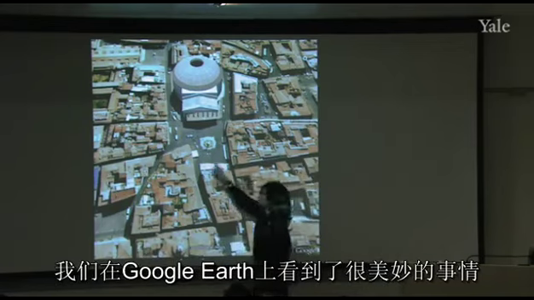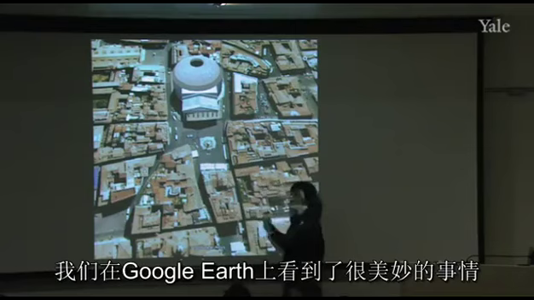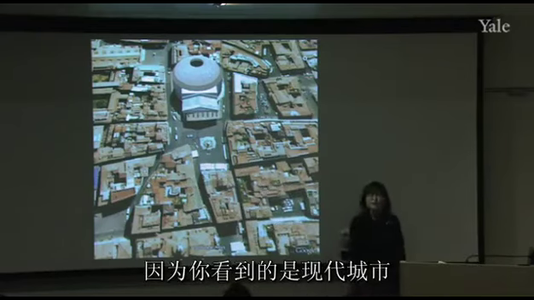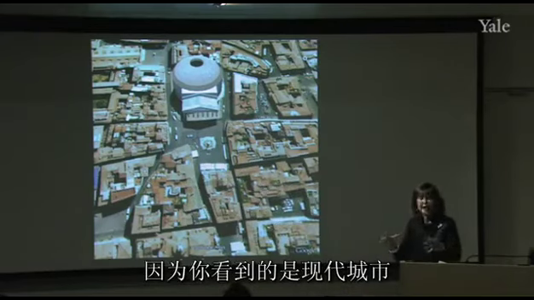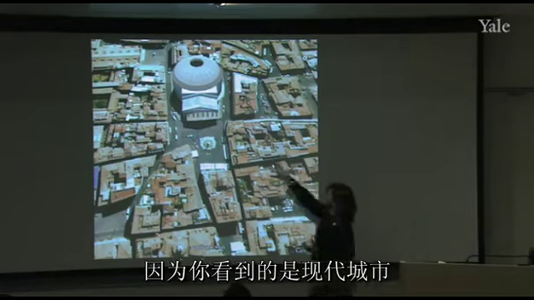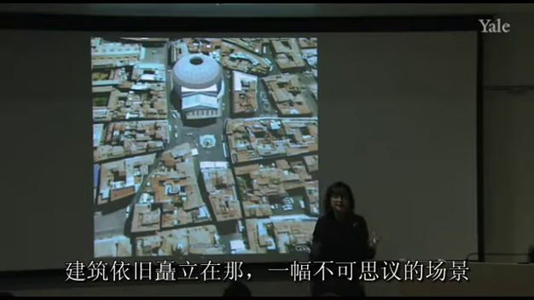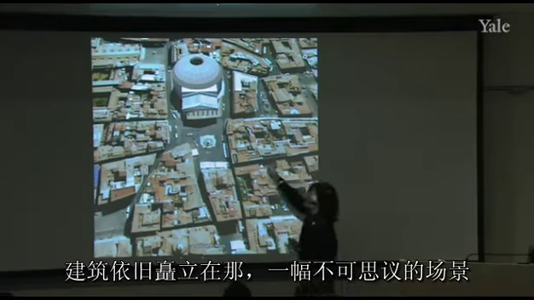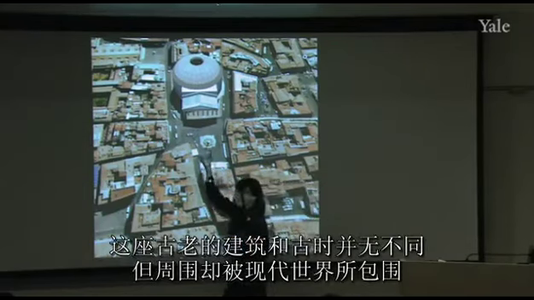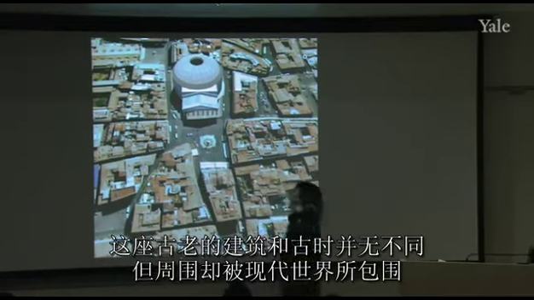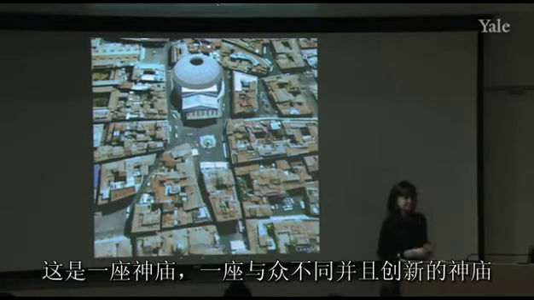And this is again one of the wonderful things about Google Earth, because you're seeing here the modern city, but you're also seeing in 3D the building still stands and is in incredible condition, but you're also seeing the building almost as it would have been in ancient times, surrounded by its modern environment.